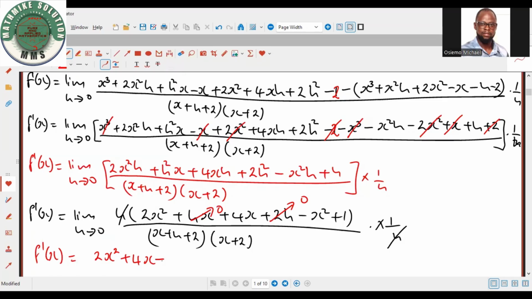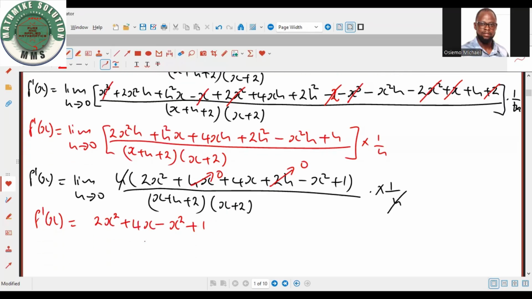minus x squared, then plus 1 over. This h also will turn to 0, so it will be over x plus 2 and x plus 2, so it will become x plus 2 squared.